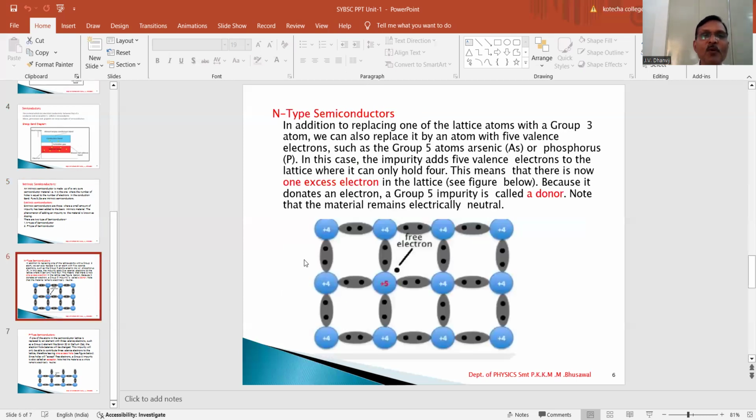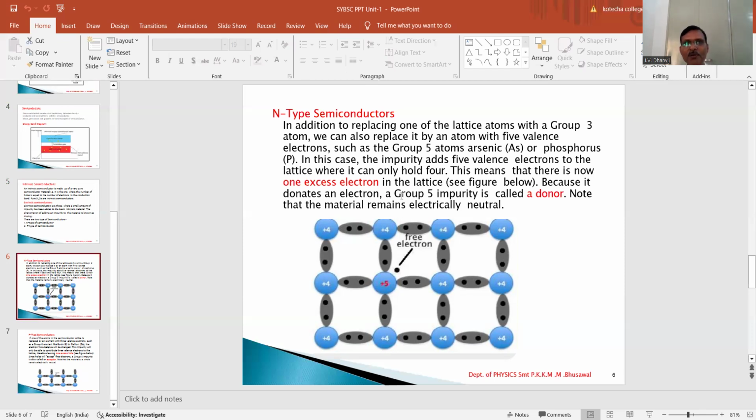So what is an N-type semiconductor? You can see here, the crystal used is germanium or silicon. We know that in germanium or silicon, there are 4 valence electrons. To get the N-type semiconductor, we have to add a pentavalent impurity.